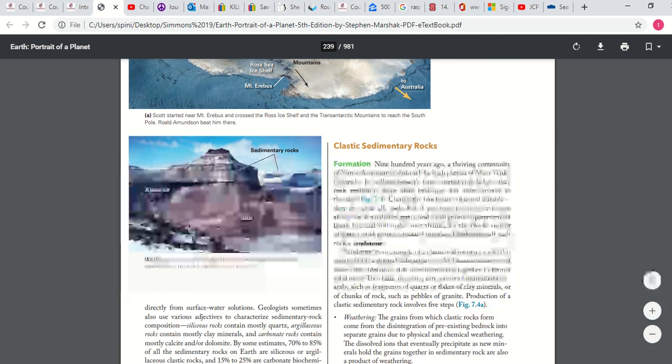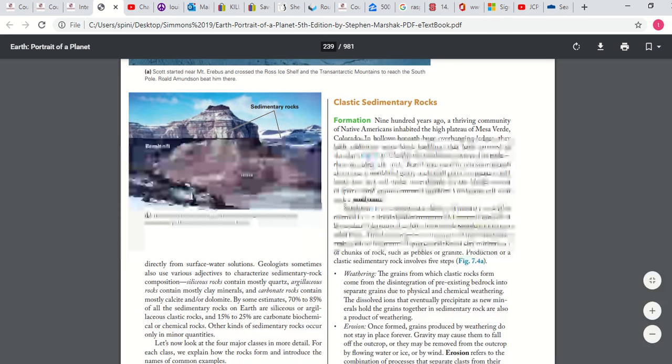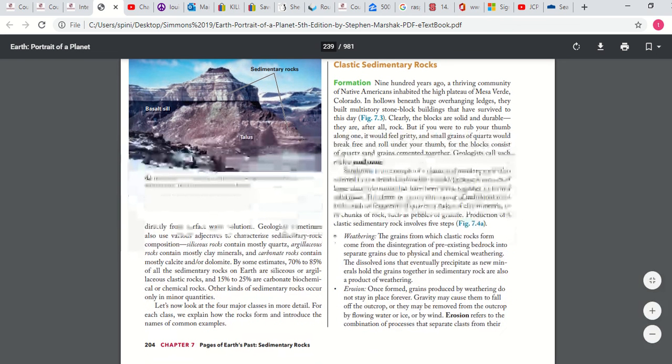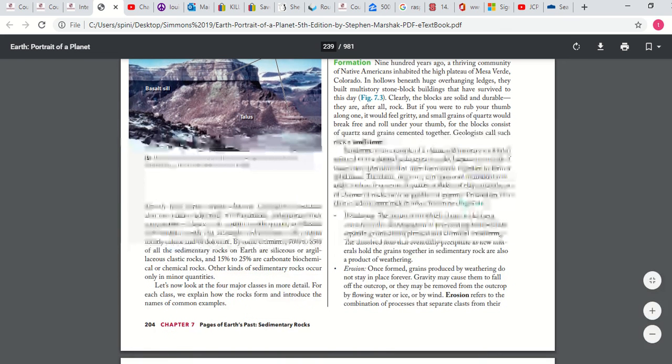And then eventually that sediment will collect. And as it collects over time, the weight of more and more sediment literally presses the water out of the sediment and forces it into a clastic, a cemented together sedimentary rock.